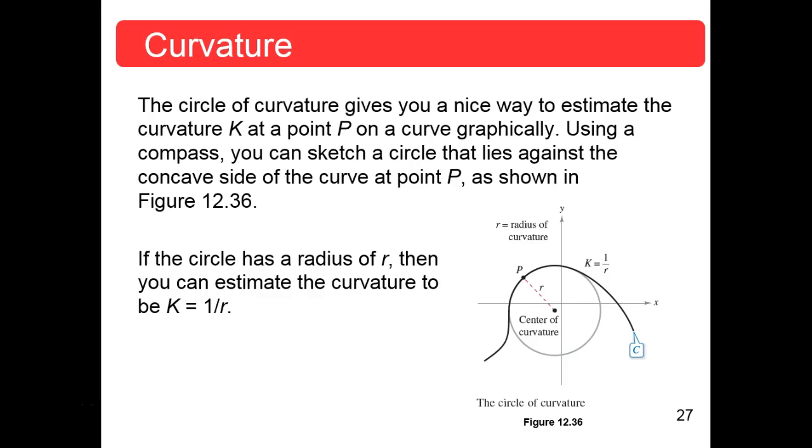Here is your curve of interest, there's your C, and you pick that point P. You get your compass and try to form as large a circle as you can that touches at P, but doesn't extend outside the curve. If the circle has a radius r, then you can estimate the curvature of the curve C to be 1 over r.